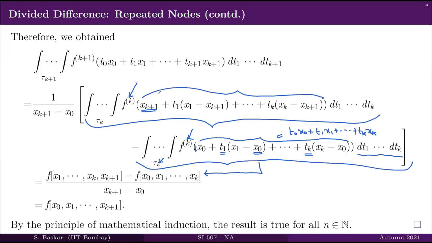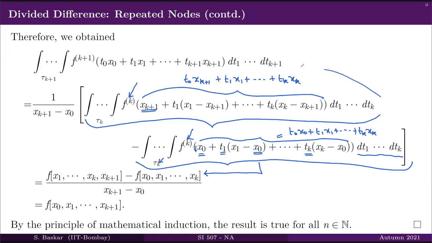Similarly, here this entire argument can be written as t0 into xk plus 1 plus t1 x1 plus up to tk xk, right? Wherever x0 comes in our original Genocchi formula, we are just putting xk plus 1, that's all, right?